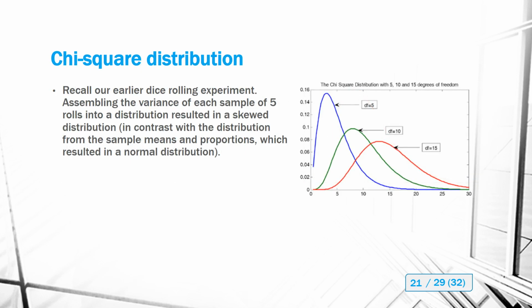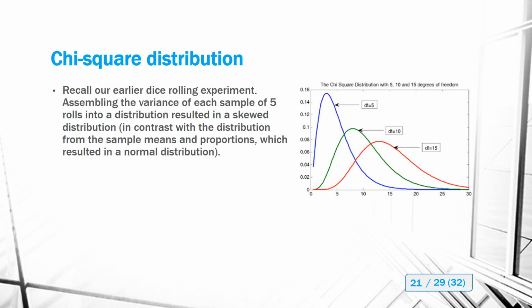Now, you're probably wondering, what's the chi-square distribution? Well, if you remember back to our earlier dice rolling experiment that we conducted in the previous chapter, remember that when we assembled all of the samples together, so we rolled 5 dice, and we had 100 trials, 1,000 trials, 10,000 trials.